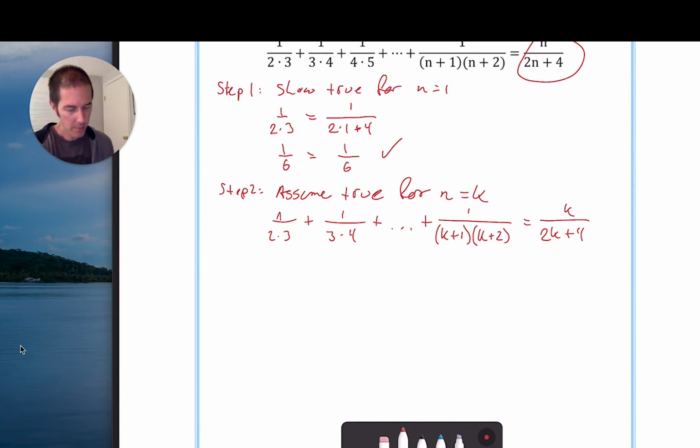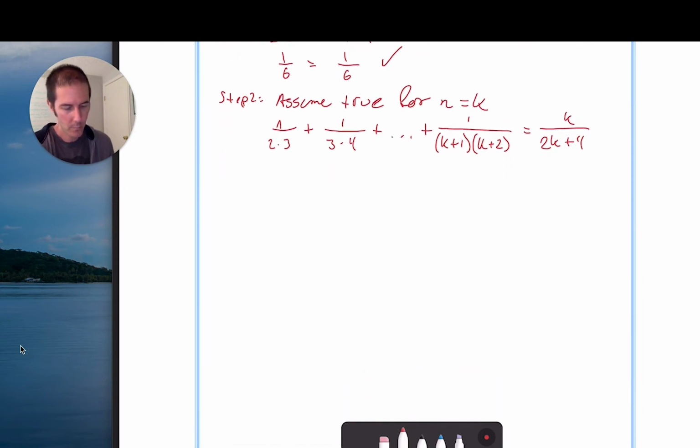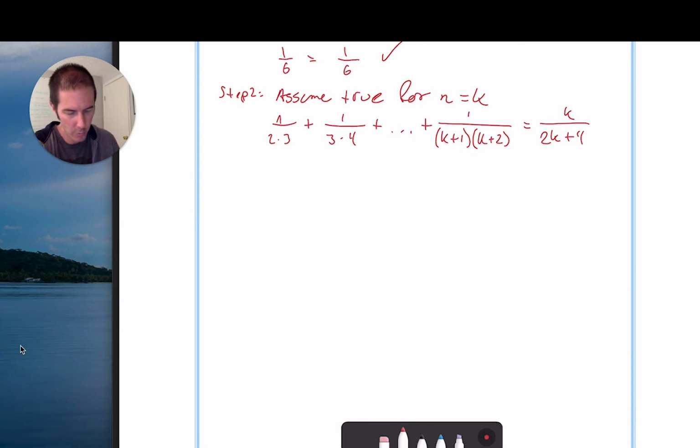Now that we've made that assumption, we will prove true, or show true, for n equals k plus 1.